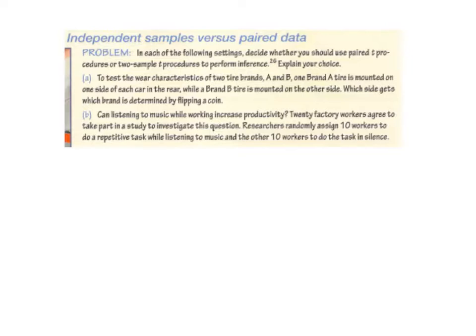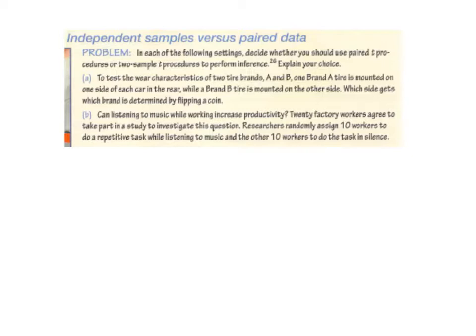So let's look at the first one. To test the wear characteristics of two tire brands, A and B, one brand A tire is mounted on one side of each car in the rear, while a brand B tire is mounted on the other side. Which side gets which brand is determined by flipping a coin.